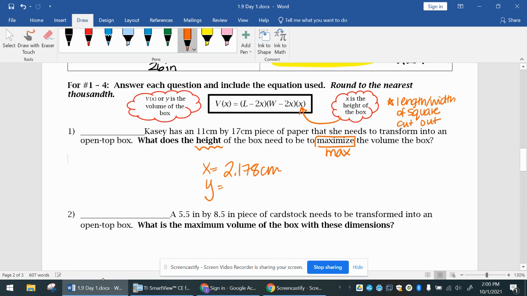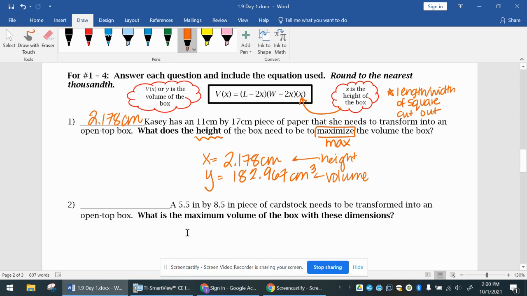The y value is 182.967 centimeters cubed. Remember, volume has units cubed. So this is the height of the box, and this is the volume. Notice they asked for the height of the box, so the correct answer is 2.178 centimeters.